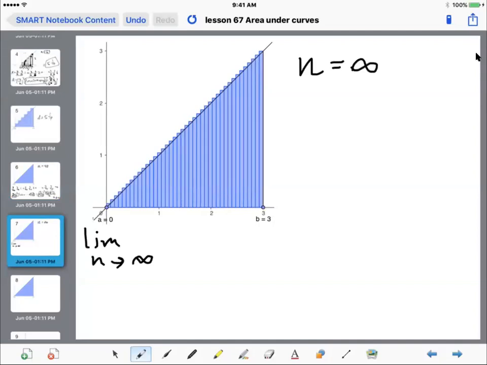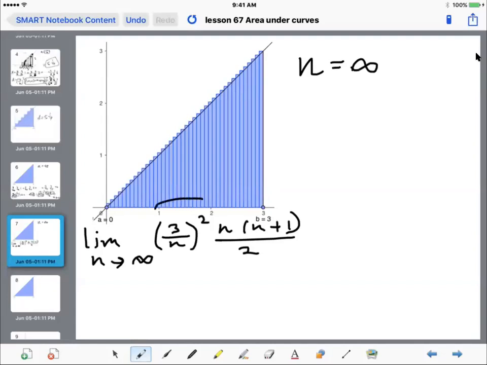You see, each time it ended up being 3 over 6 squared or 3 over 40 squared, and then times n plus 1. See, that we can do.